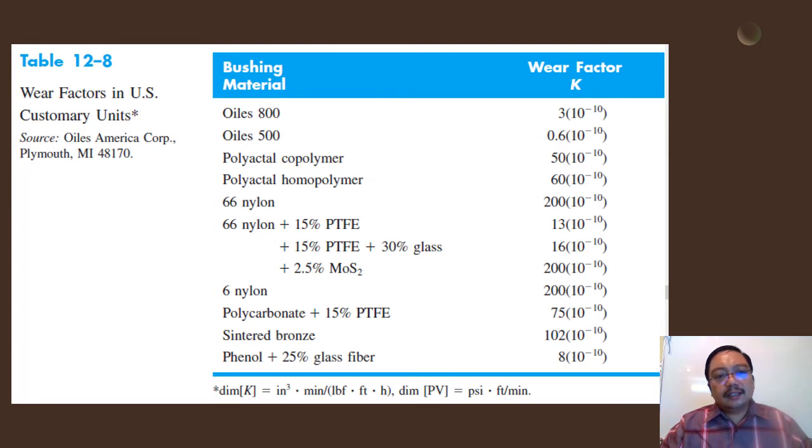Here is table 12-8, wear factors in US customary units. This is the bushing material and this is the wear factor in US customary units. For other countries that don't use US units, maybe you need some conversion. These are the oils, polymers, and everything.